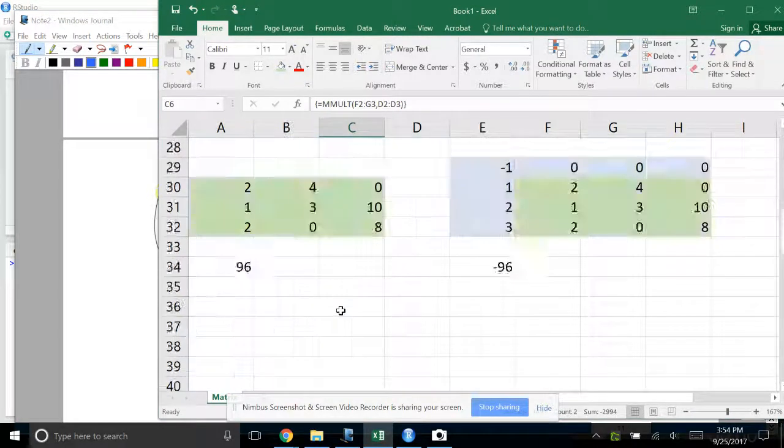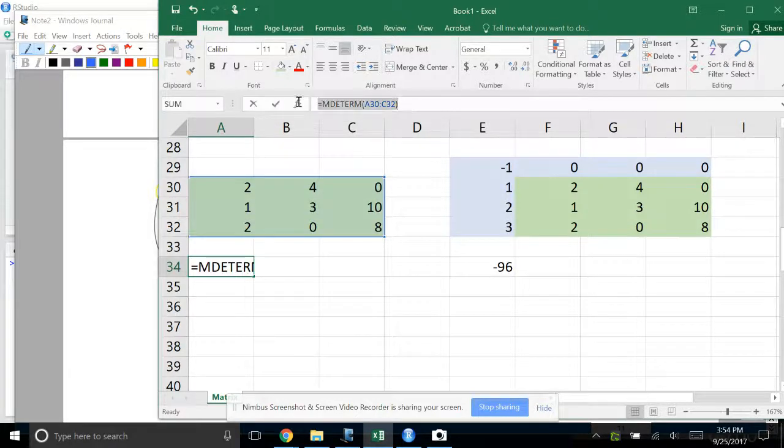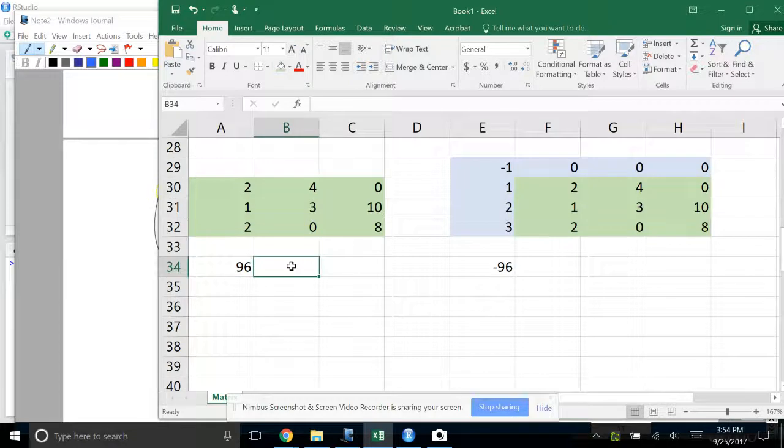All right, so in Excel, I have my little matrix right here, and the way we find the determinant in Excel is the MDETERM function.